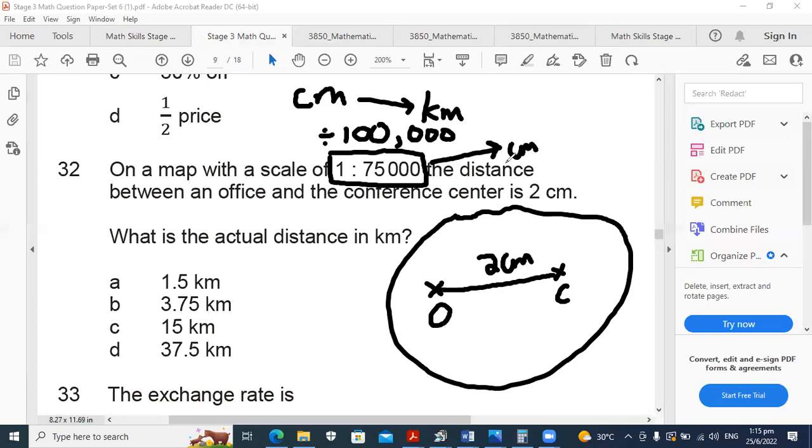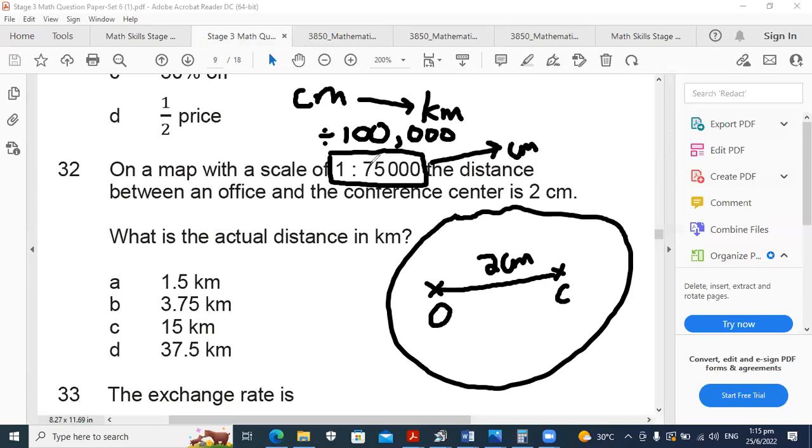So if the distance between the office and the conference room is 2 centimeters on paper, it's going to be 2 times 75,000 in real.